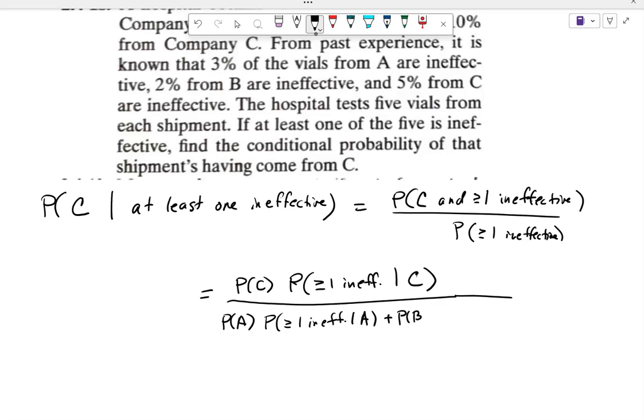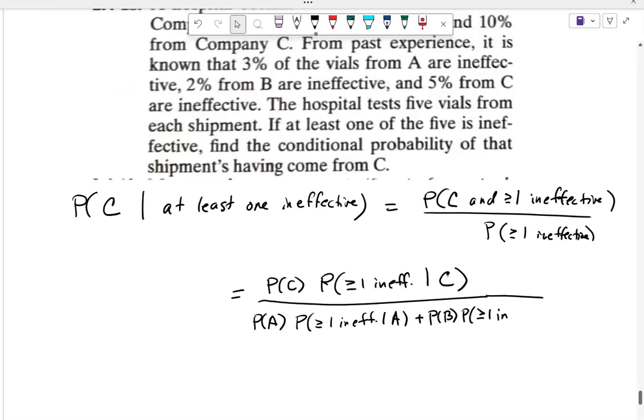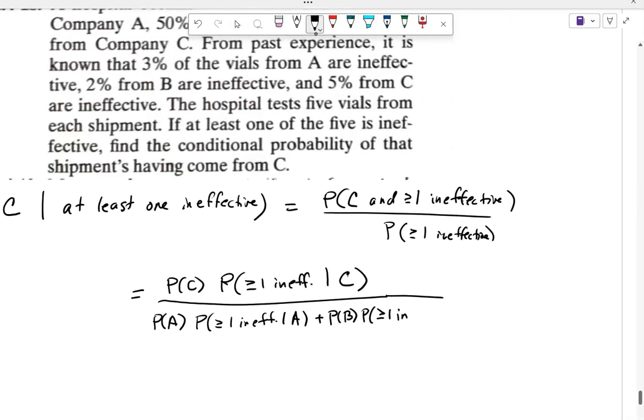Or it came from B and there's one ineffective. Or it came from C and there's one ineffective. This should remind you of problems we've done before, I hope.